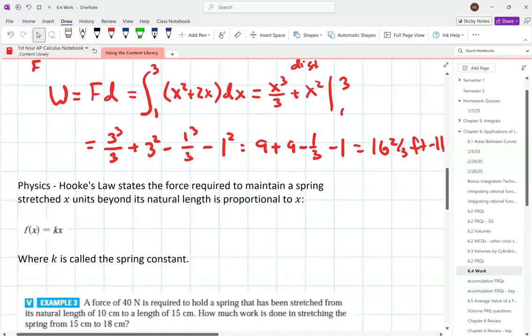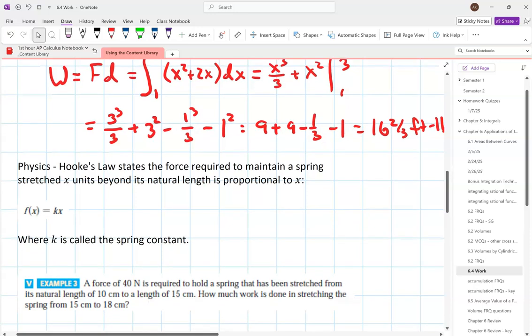Another fairly common presentation has to do with springs. So Hooke's law is a law that states the amount of force required to maintain a spring stretched x units beyond its natural length is proportional to that amount you've stretched it past its natural length.